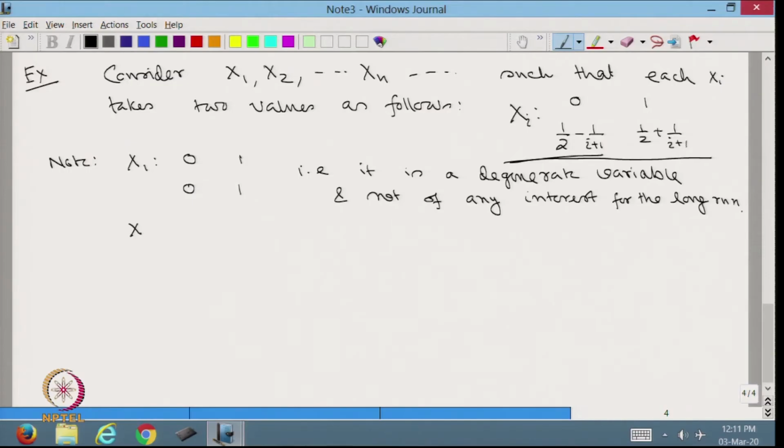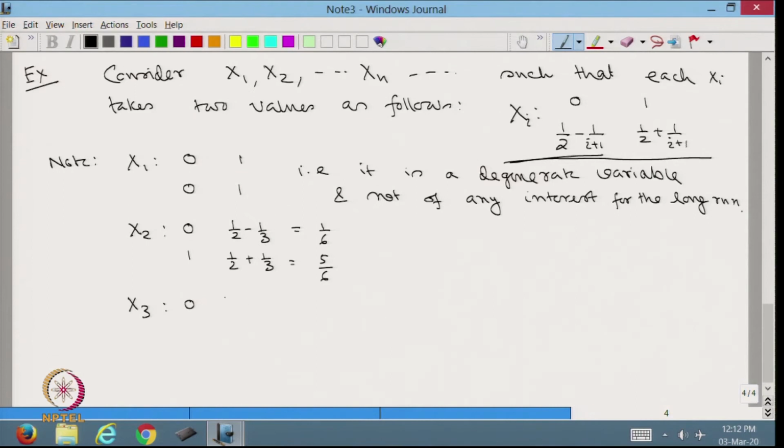What about x 2? X 2 takes value 0 with half minus 1 by 3, that is equal to 1 by 6, and 1 with half plus 1 by 3, which is equal to 5 by 6. What about x 3?